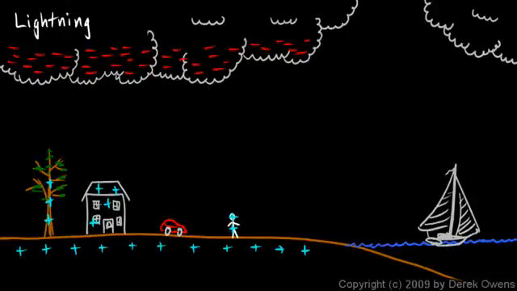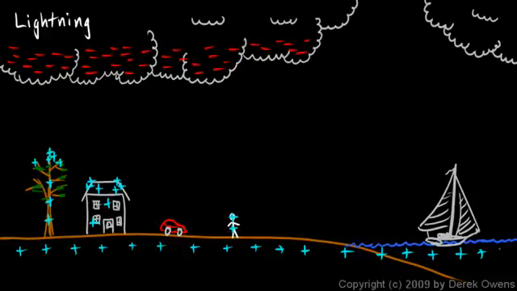Now, when something is charged, the charge tends to concentrate on the corners and the pointy parts of an object. So it's going to be the corners of the house up here and the treetops, the tips of the limbs that develop a lot of positive charge. This is also going on in the water over here.